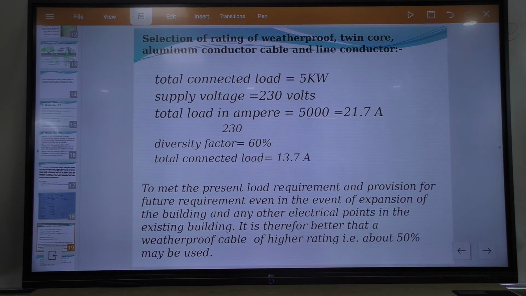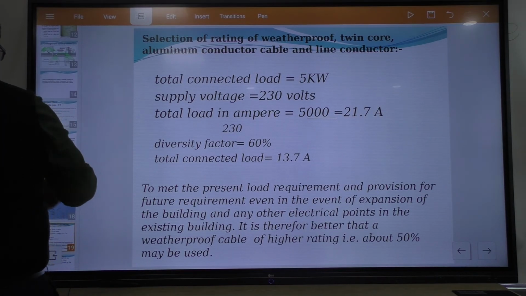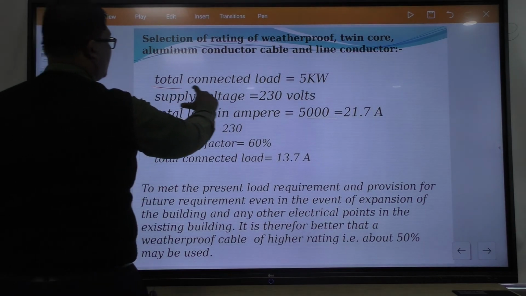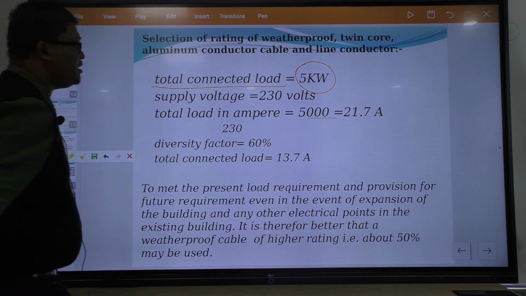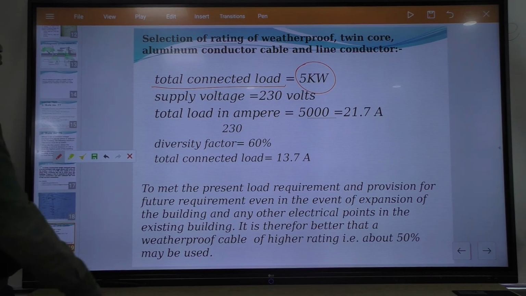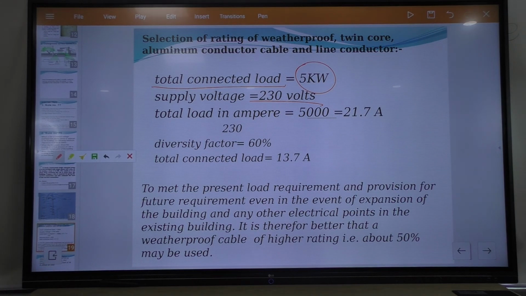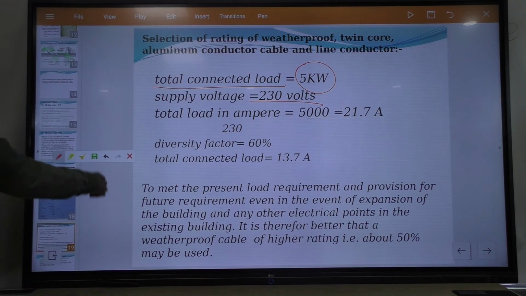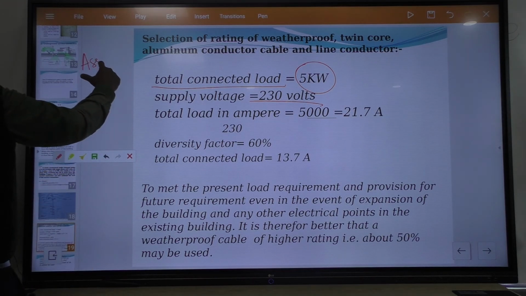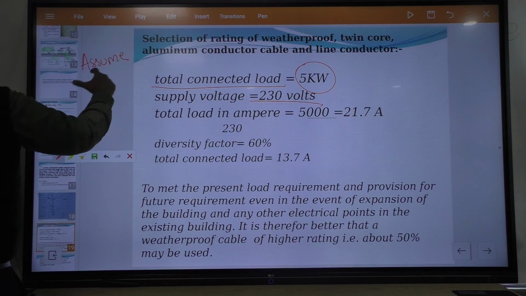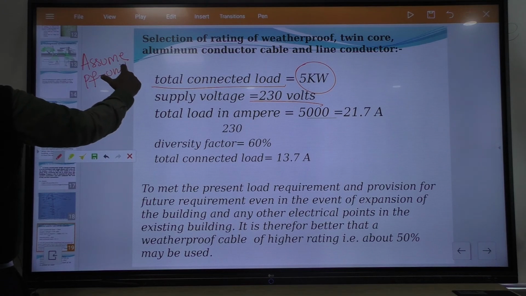Now, we will calculate what the load is in ampere. The total connected load is 5 kilowatt. Supply voltage, suppose we take 230 volt. So, the load will be 5000 by 230. Assume power factor is equal to unity.